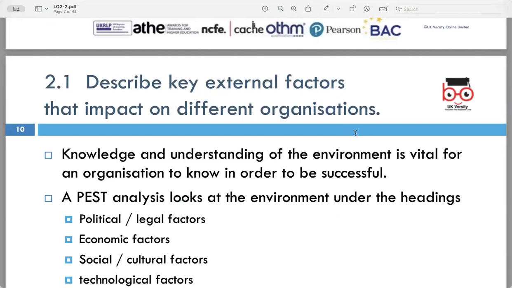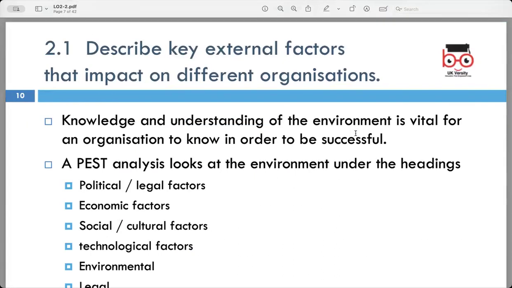Describe key external factors that impact on different organizations. So, knowledge and understanding of the environment is vital. In order for an organization to achieve success, possession of knowledge and comprehension of the surroundings is of utmost importance.